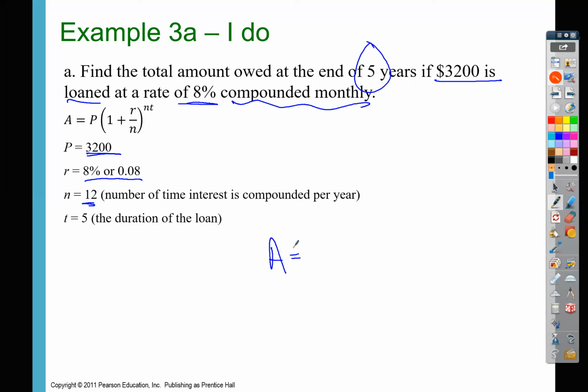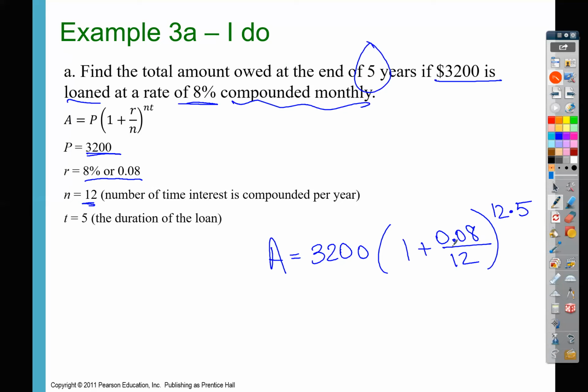So we're finding the total amount owed. So 3,200 times 1 plus r, which is 8% over 12 months, to the nt. So this would be n times 5 years. So you are going to put this in your calculator at one time.